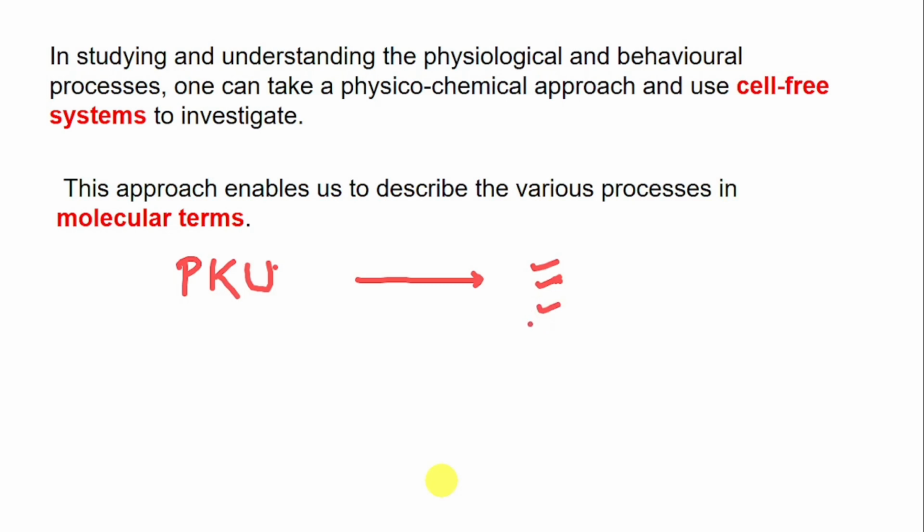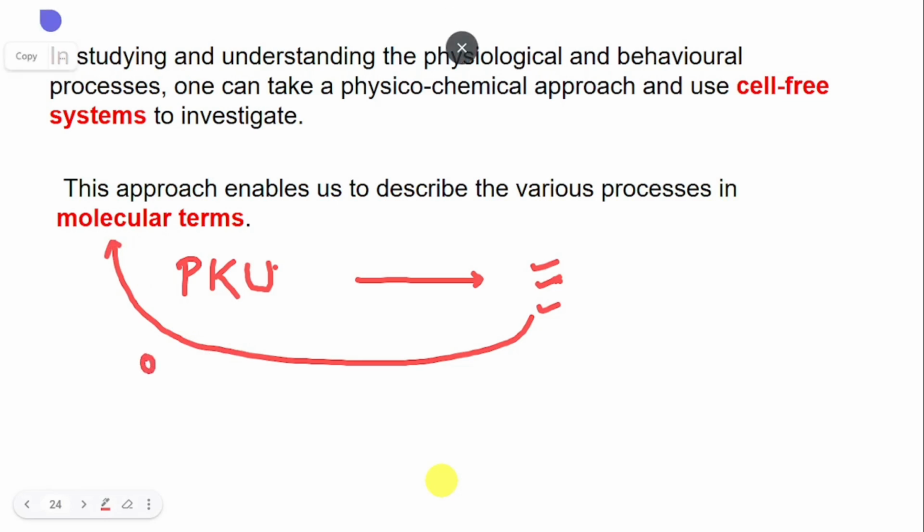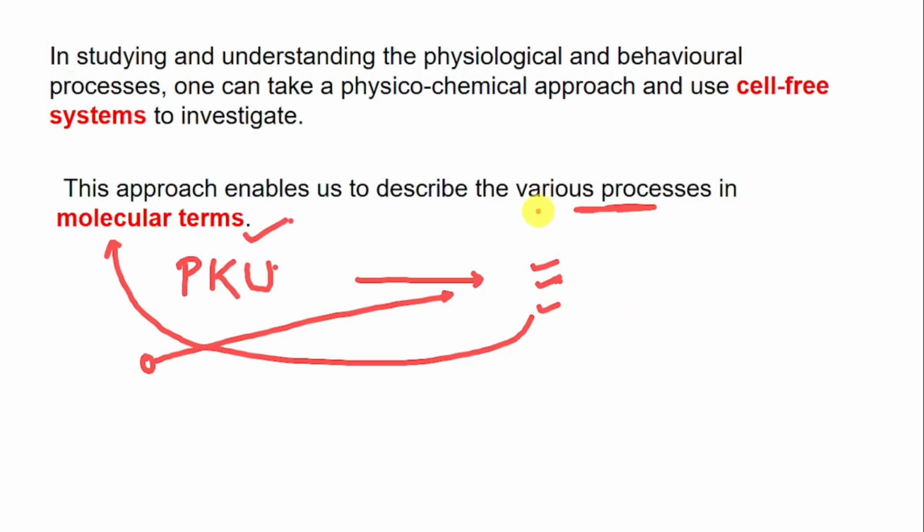All of that is correlated to a molecular defect in the enzyme called phenylalanine hydroxylase. So a single molecule leads to all these symptoms. If you can explain the process in molecular terms, that kind of approach is called the physico-chemical approach or reductionist biology. Next question.